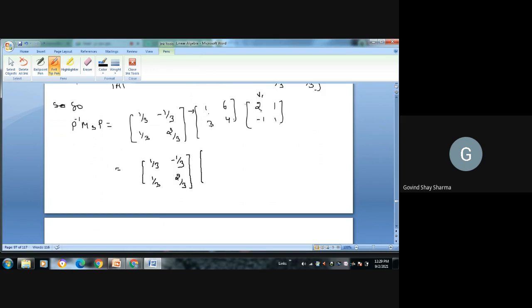So we get 2 and minus 6. It will become 4 minus 4. 1 plus 6 is 7, minus 4 is equal to 2. Now multiply both. We get minus 2 0. This is our result.